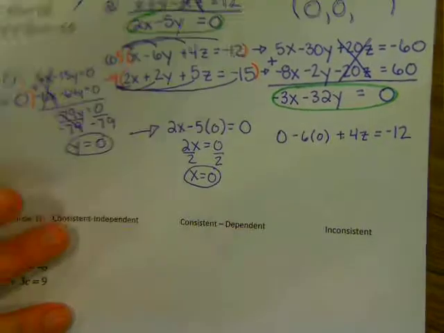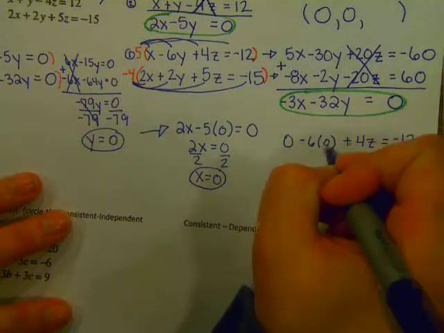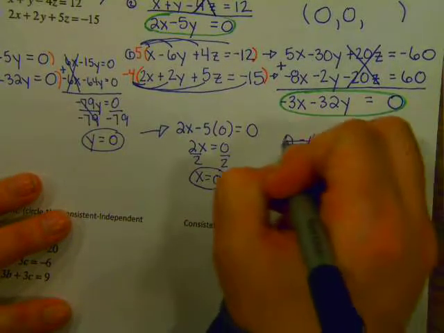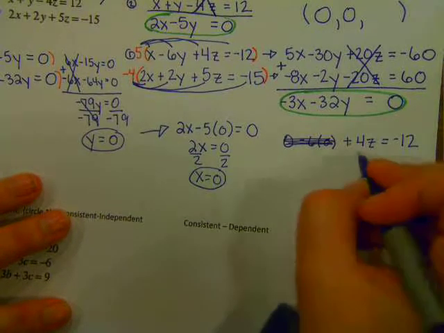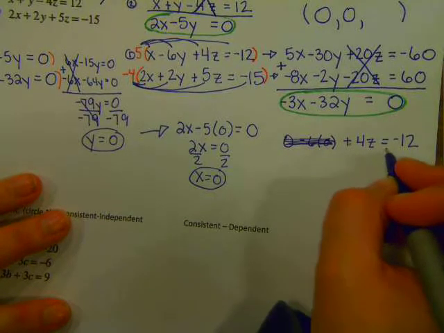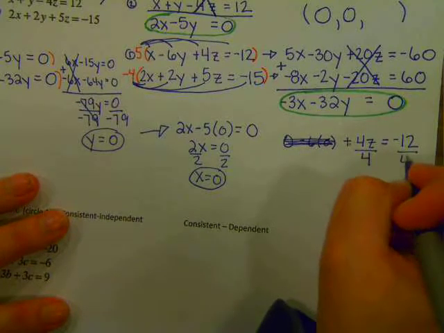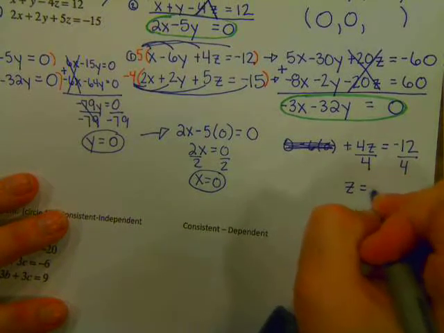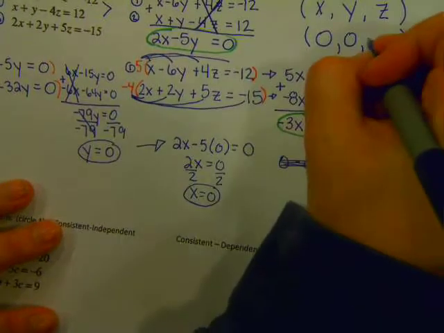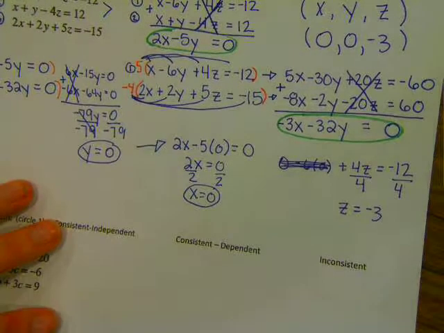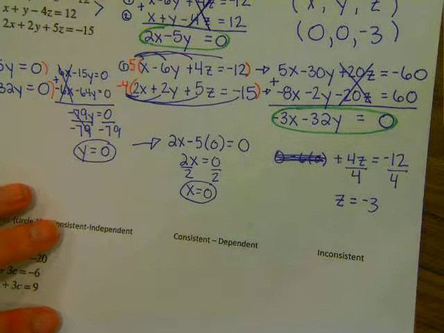Well, in this case, 0 minus 0, just cross that off. That's just going to be 0 anyway, right? Now we're left with 4 times z equals negative 12. So I'm going to divide by 4, and I got z equals negative 3. And then that is how your coordinate is going to look.